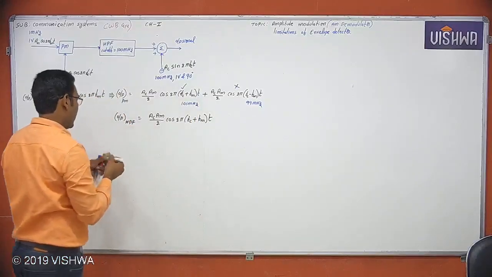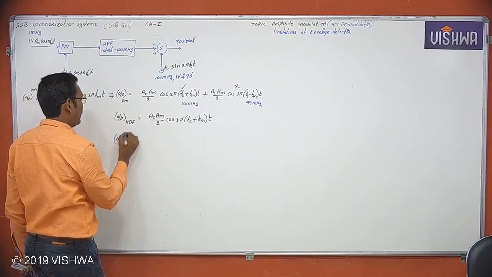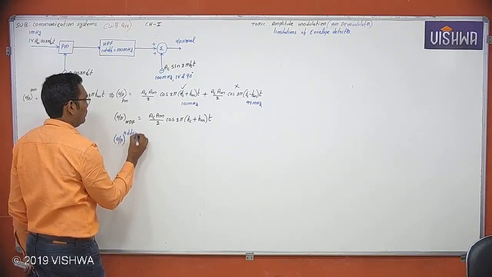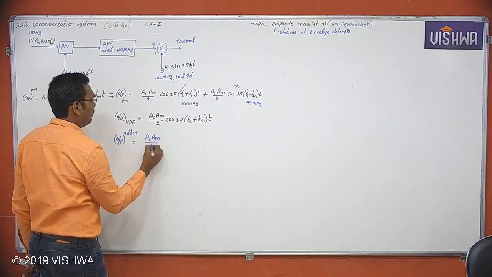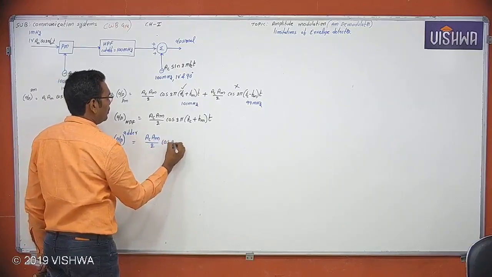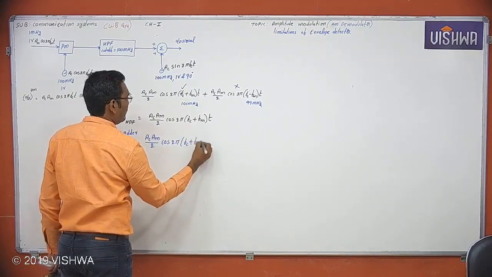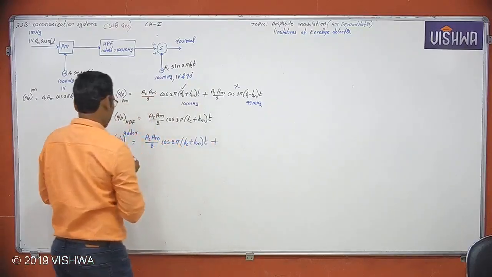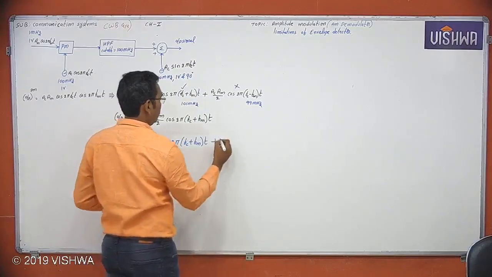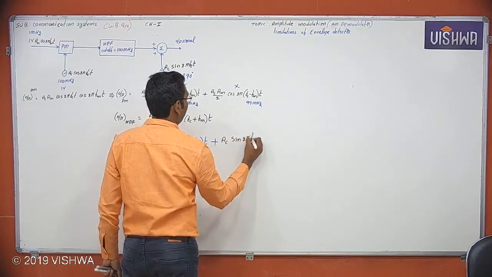Therefore, the output of the adder is Ac Am by 2 into cos 2 pi (Fc plus Fm) t plus Ac sin 2 pi Fc t.